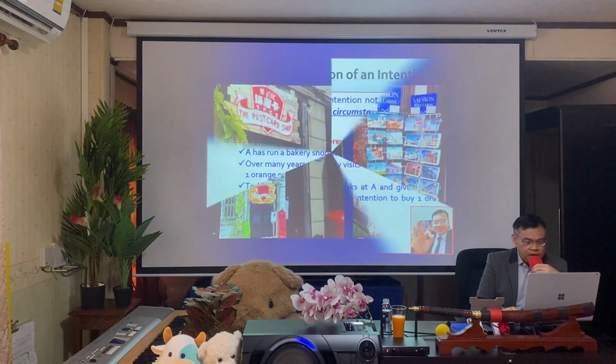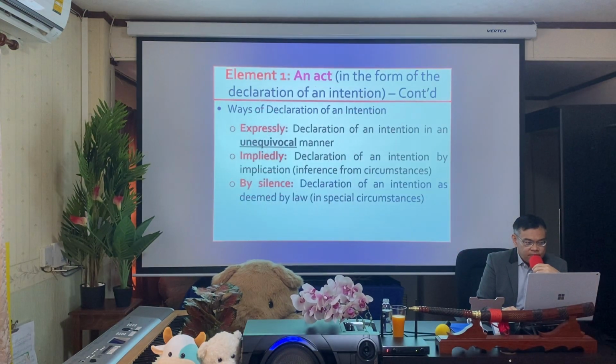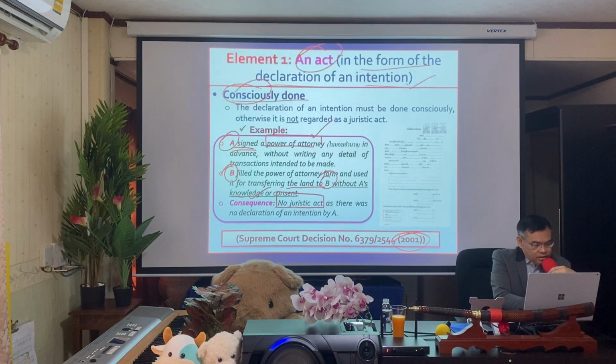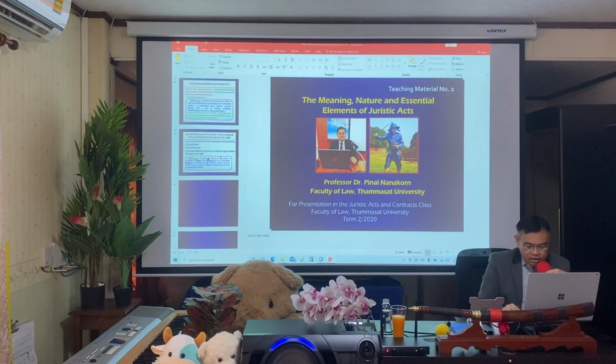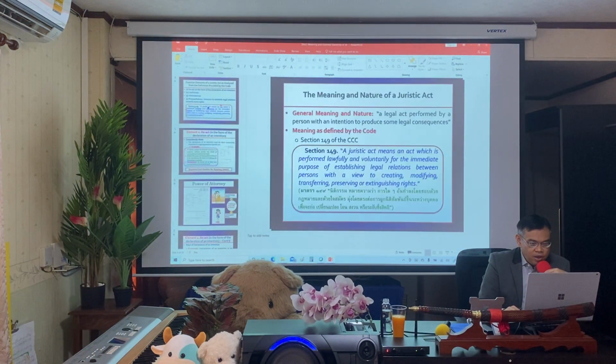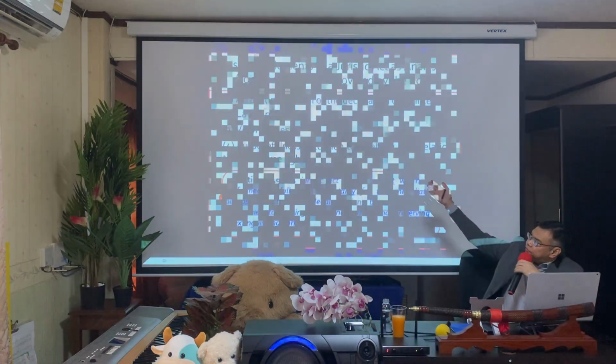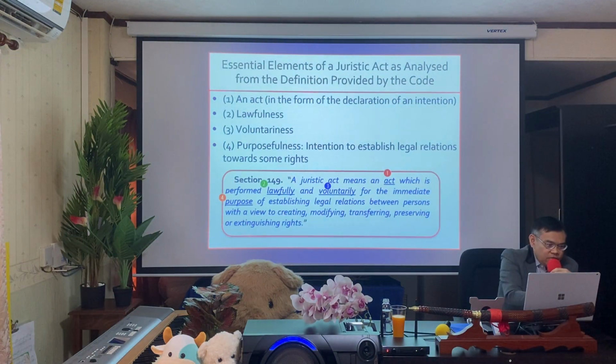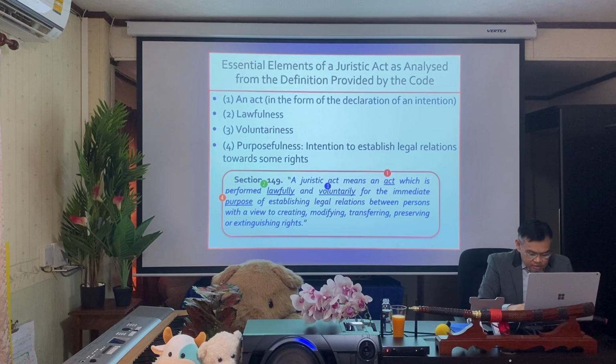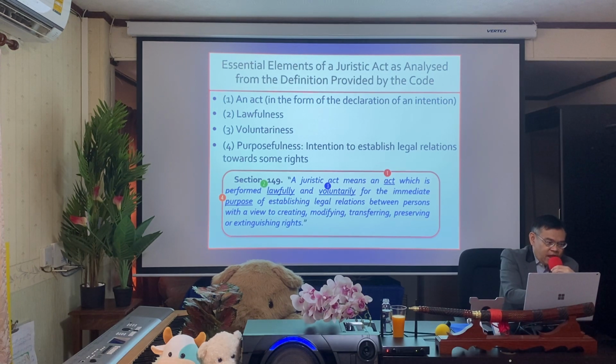I will bring you back to the 4 elements of a juristic act. Can I just bring you back to these 4 elements? In order for you to know where we are, we are now talking about these 4 elements of the juristic act: element 1, 2, 3, 4.